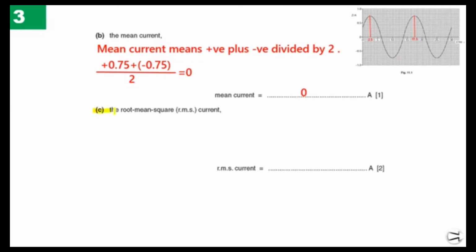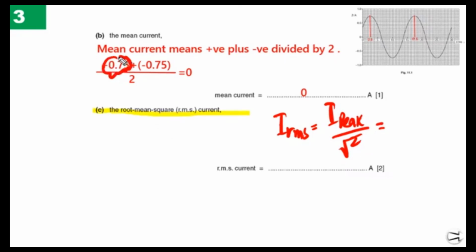For part C, simply we need to calculate RMS value. Means I_RMS we need to calculate, and I_RMS is equal to the peak value of current divided by root of 2. In this case, peak value we already have.